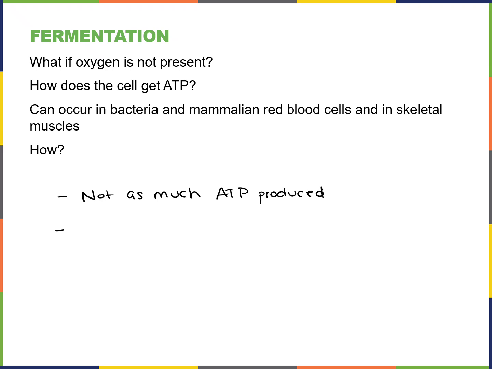And it creates a byproduct called lactic acid. And that lactic acid can kind of collect in your muscles, and that's what kind of starts making that soreness happen. Also the use of the muscles themselves, but all of that is because of the lactic acid production because of the lack of oxygen.